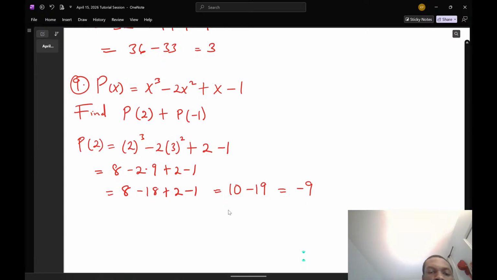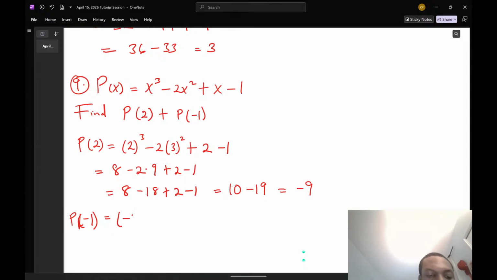So now I want to do p of minus 1. So this will be minus 1 raised to power 3 minus 2 into minus 1 squared plus minus 1 minus 1. Minus 1 raised to power 3 is still minus 1. Minus 1 squared will be 1. Minus 2 times 1 will be minus 2. And then minus 1 minus 1 will give us minus 2.